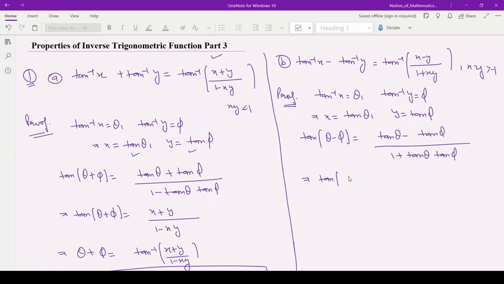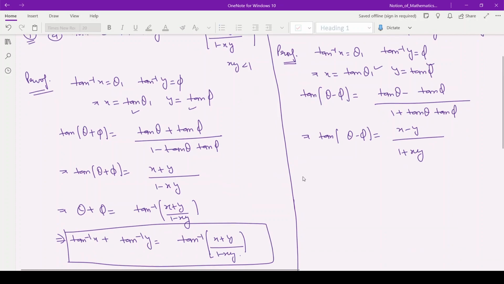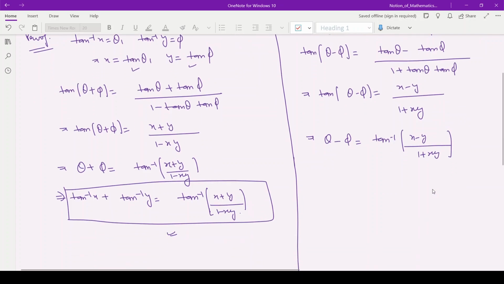Ultimately tan(theta minus phi), utilizing the values, is (x minus y) upon (1 plus xy). So the next step is theta minus phi is tan inverse of (x minus y) upon (1 plus xy).